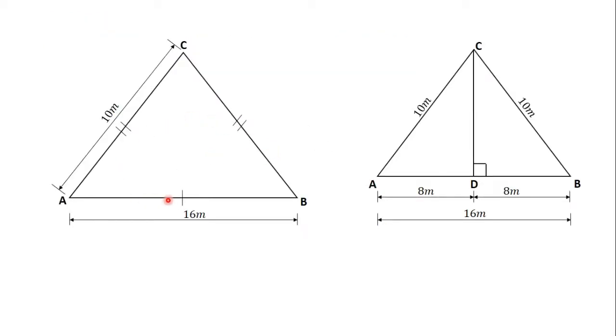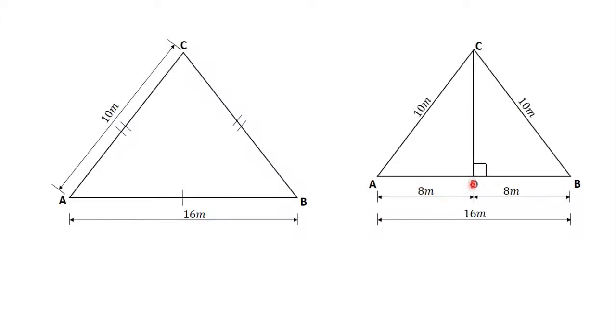If you consider this isosceles triangle, as we said, AC is 10 meters and BC is also 10 meters since AC is equal to BC. If we draw a line from C to meet AB, that is going to be the perpendicular height.